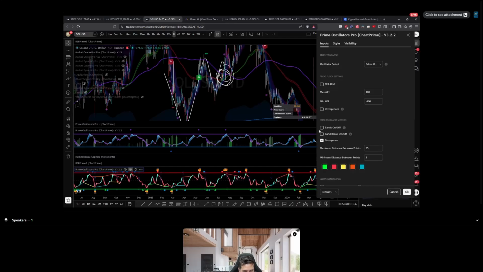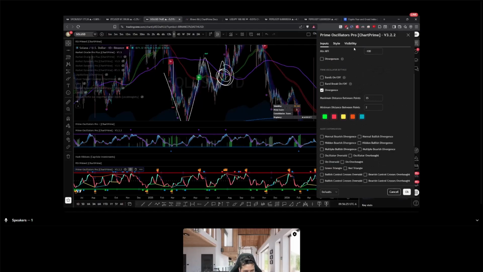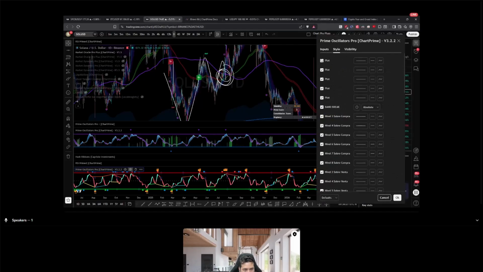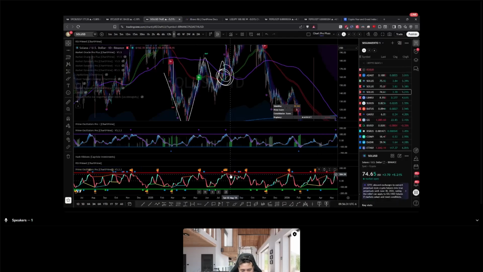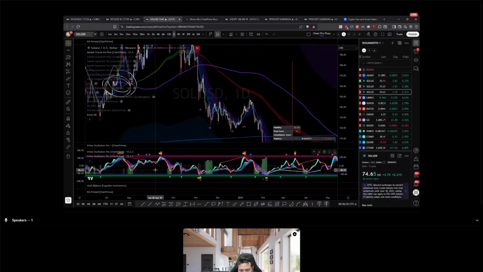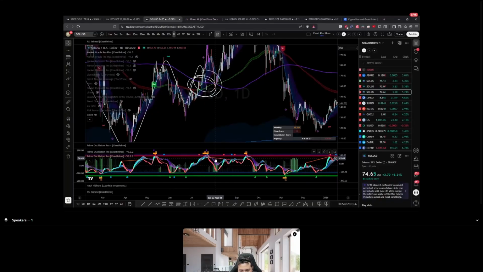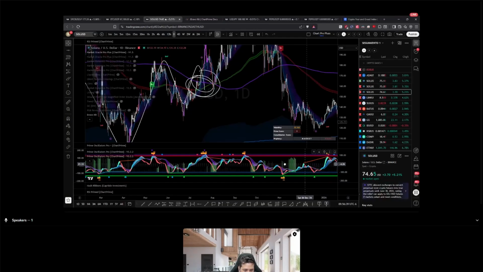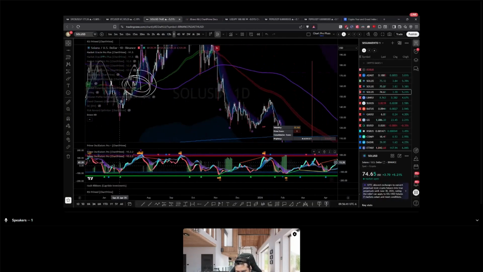Turn off basically everything. Also in style, you turn everything off but divergences, and then you grab it and you drop it on top of it. And that way you will have divergence too on top of that. But yeah, all by itself, it doesn't do it. It doesn't have divergences.